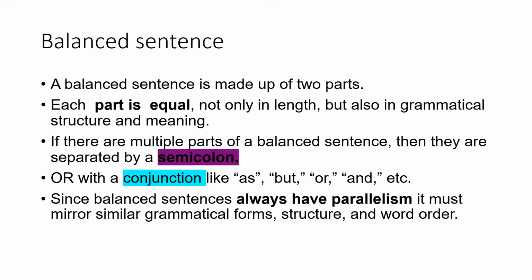Since balanced sentences always have parallelism, it must mirror similar grammatical forms, structure, and word order. If you are trying to create a balanced sentence, always think to yourself what one part of the sentence is must mirror on the other side. This is in length, this is in structure, and this is in importance.